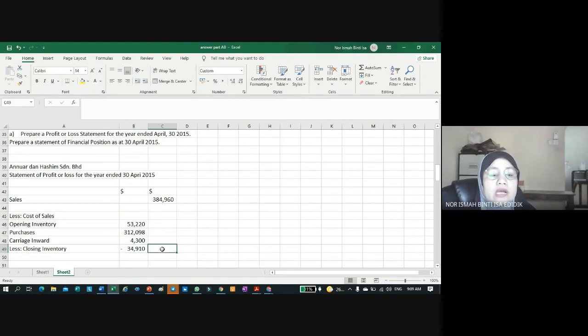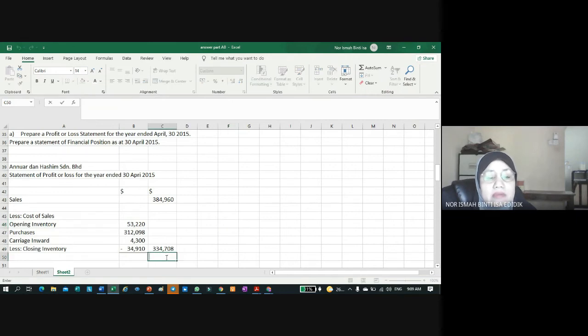So, cost of sale kita letak kat sini. This is cost of sale. And then garis ya. Garis ni sangat penting. Garis daripada sini ya. So how do you get 334,708 dari sini ya. Operation kat sini ya. Tambah ni tolak. So you dapat 334,701. Betul tak?